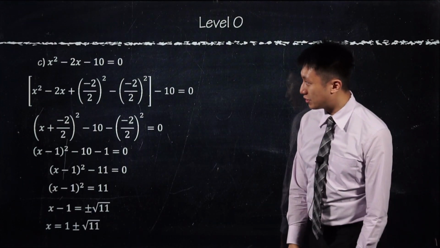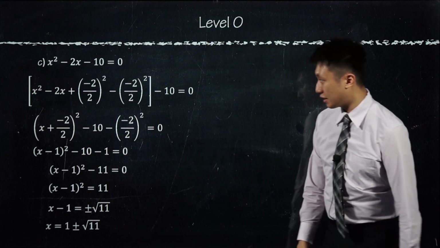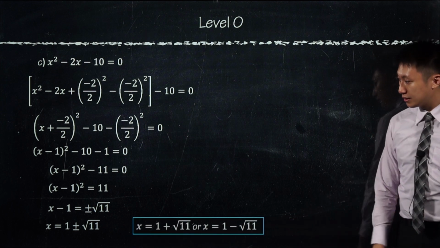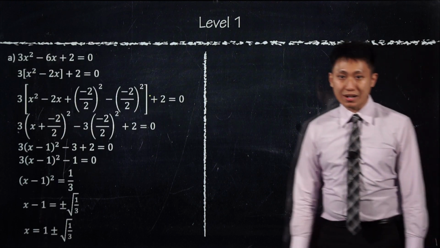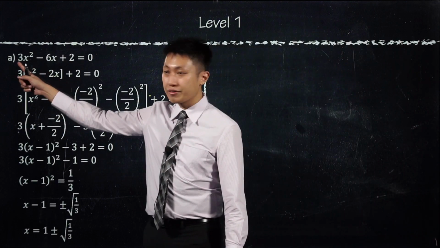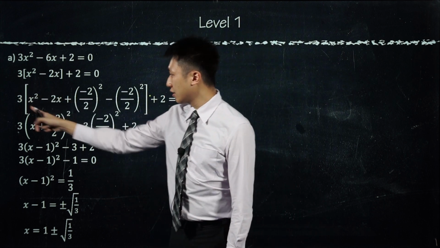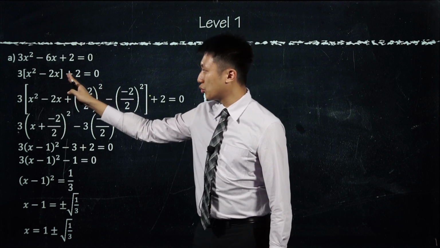Okay, last one for level 0. So you got this one, and still nothing special here. You just got this answer. So final answer is this. And level 1. I call it level 1 because there's a coefficient here, but there's nothing difficult, right? If you have coefficient here, you do the coefficient here inside. Then this one, 2, you bring it outside.